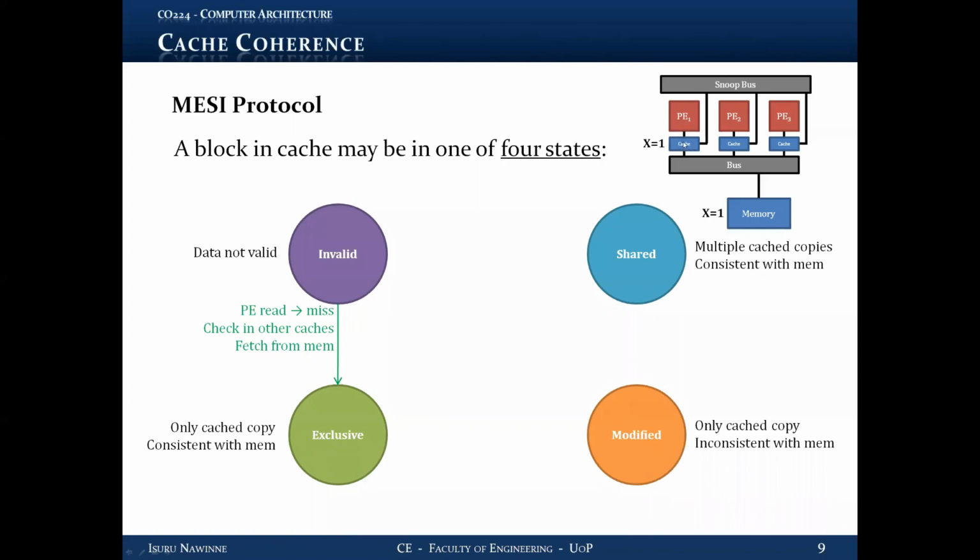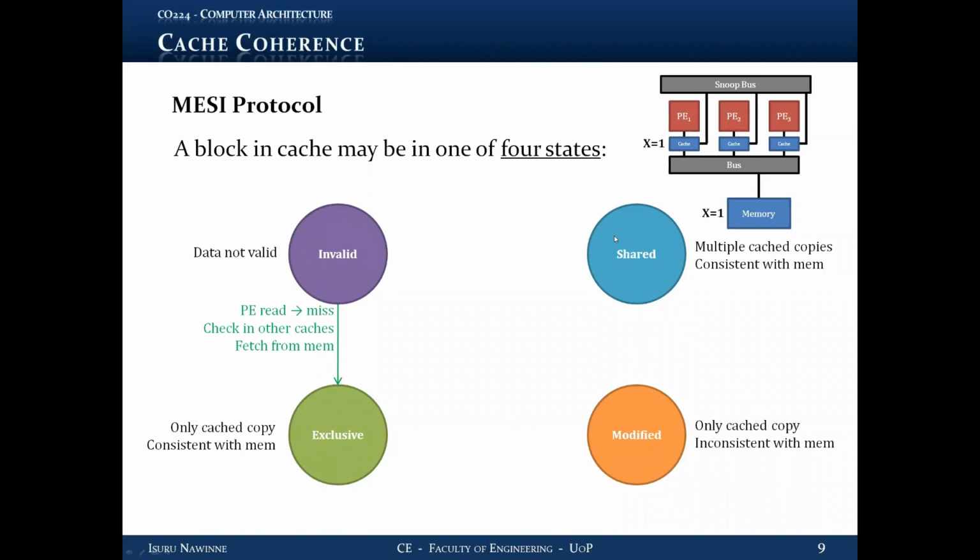Only processing element 1's cache has the cache copy of X, right? X equals 1, and the value is consistent with memory. Other caches do not have a cached copy. So the exclusive state is what we have now. After the first read, we have the cached copy marked as exclusive in this cache.